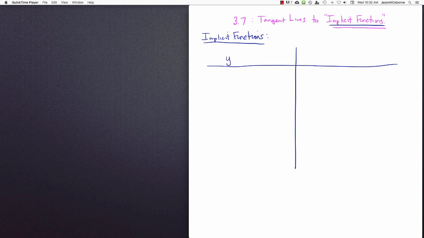Something that looks like y is equal to f of x. For example, you could have y is equal to x squared minus 5, or y is equal to sine of x, or y is equal to the arc sine of x, or y is equal to e to the 3x squared plus 5.